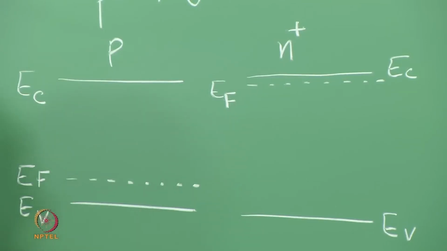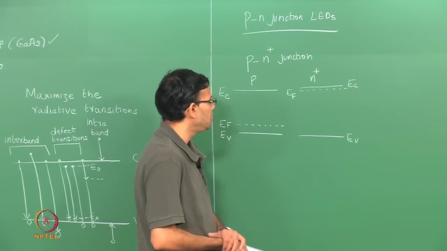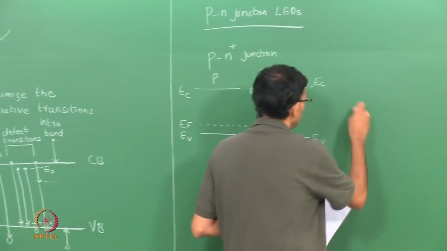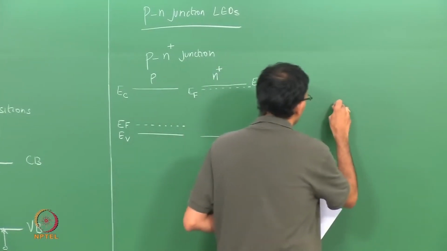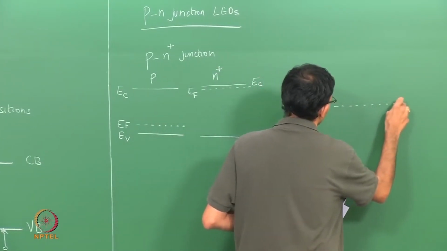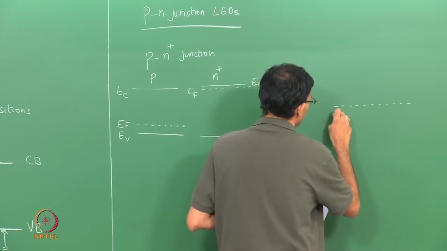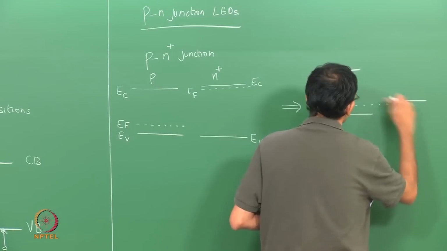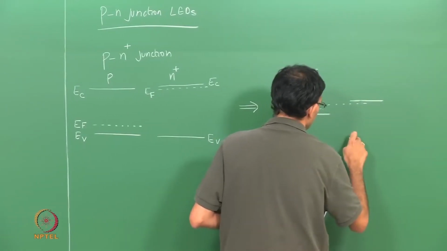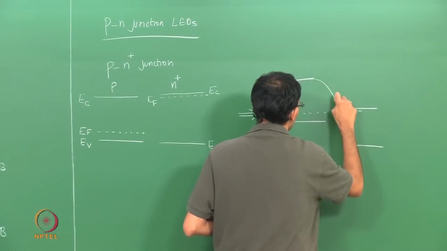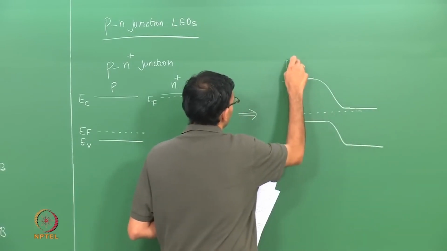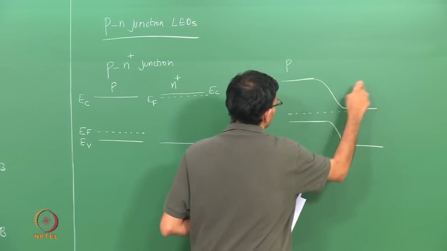So, now I form a PN junction. When this is at equilibrium, we know that the Fermi levels line up. So, this is the P, that is the N plus.